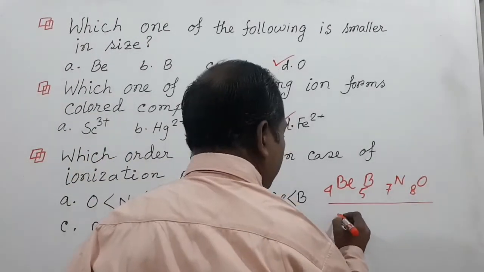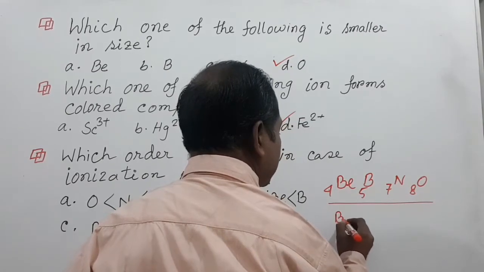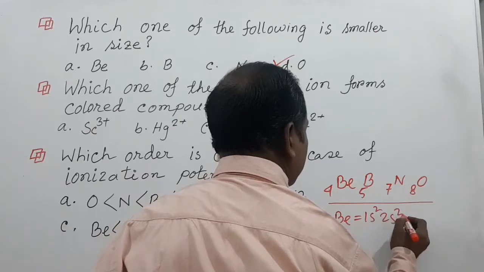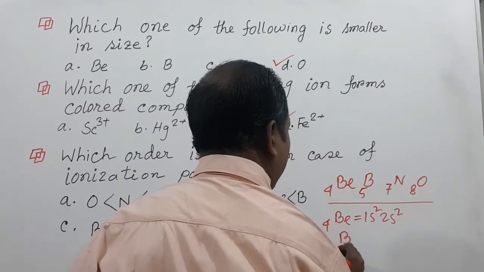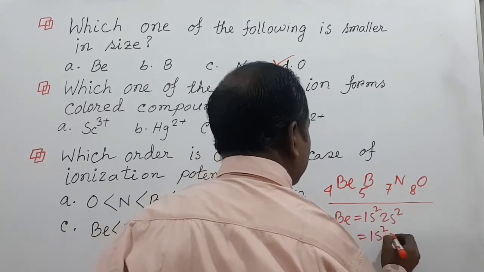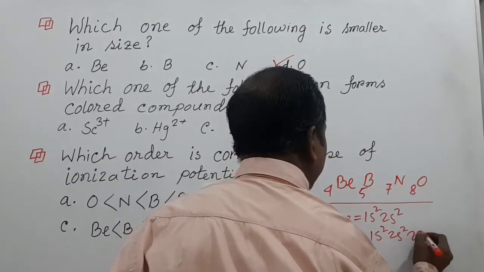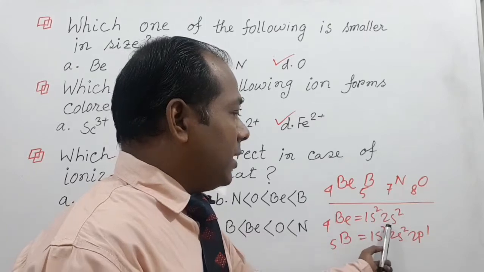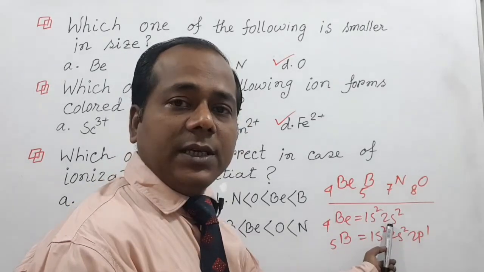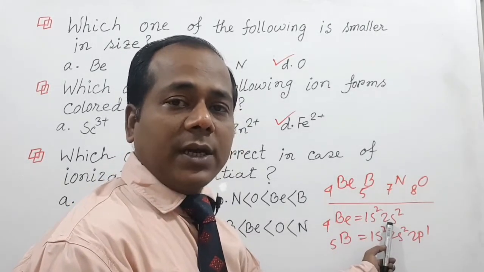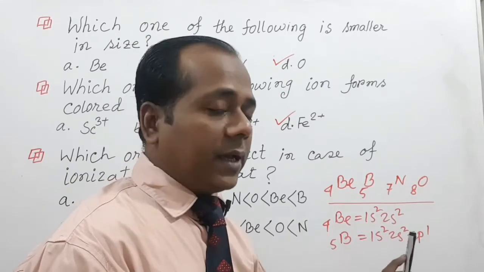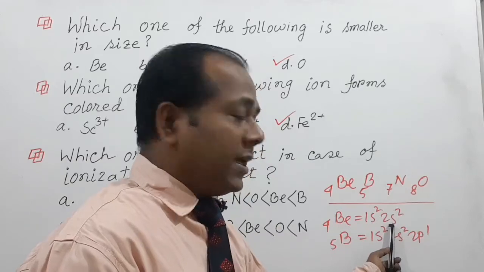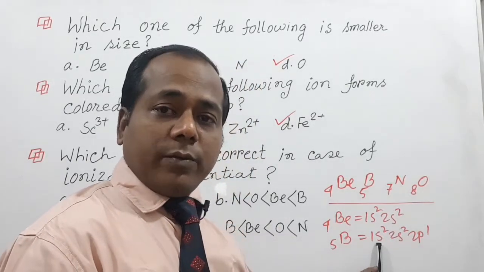If we see the electronic configuration of beryllium, this is beryllium 4, 1s2 2s2, for boron 5, 1s2 2s2 2p1. Looking at the electronic configuration, in beryllium the s orbital is fully filled, and that's why it is stable, and for that reason the ionization potential of beryllium is more than boron, my dear students.